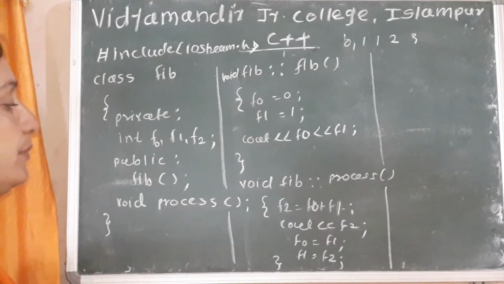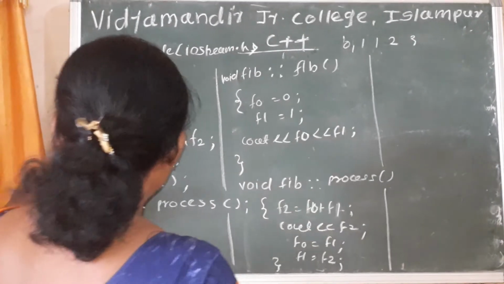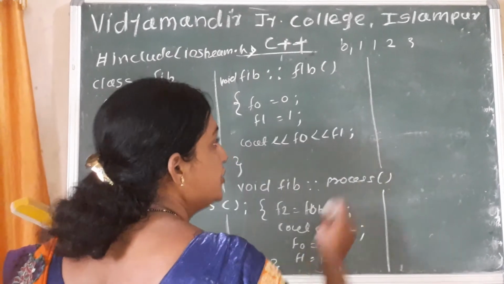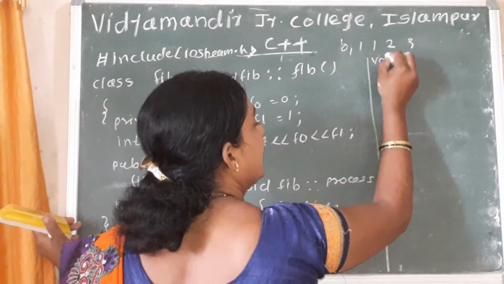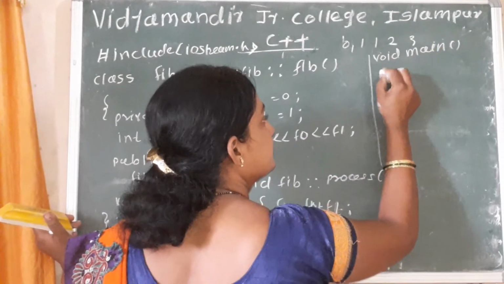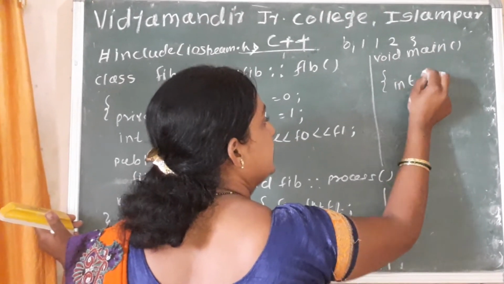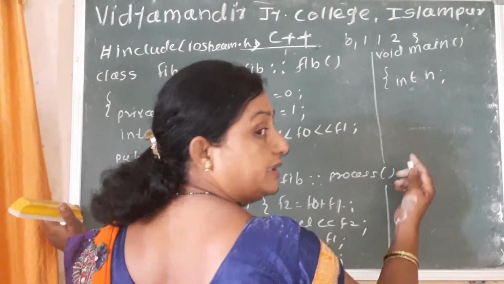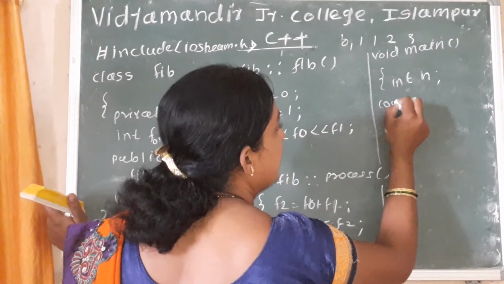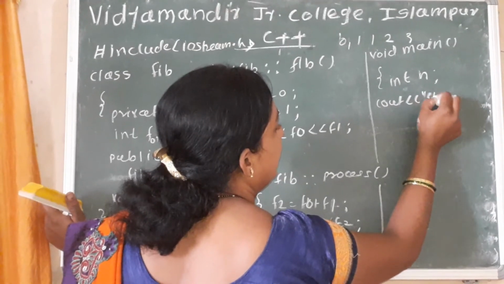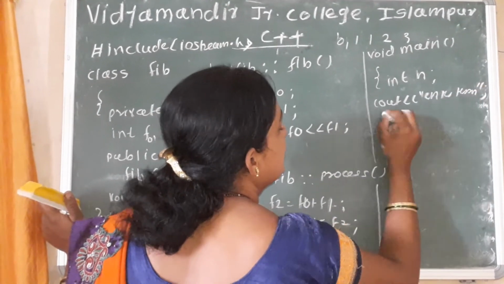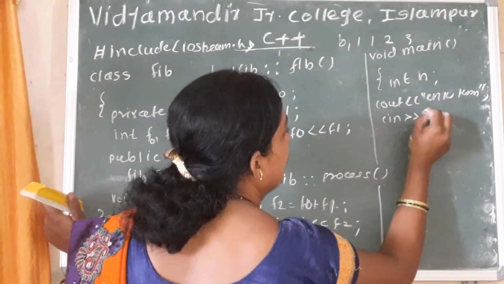Next, we write the end of the class declaration, that is the function definitions, and then the actual program, void main. int n, where n is the number of terms we want in this series. cout enter terms, cin n.